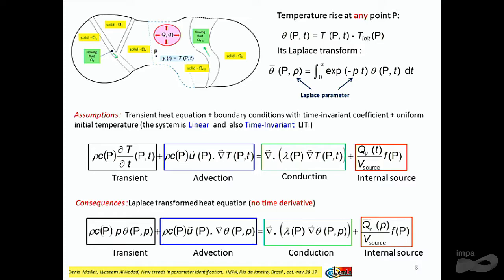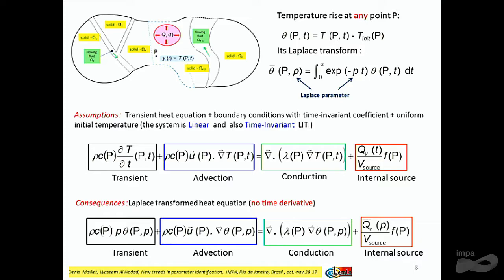So what we say, because it's linear, we know that any temperature theta bar, the Laplace transform, is proportional to Q bar V. And it's true for the temperature, but it's true also for its local gradient. If we integrate on a surface, it's also true for example for the flux, the rate of heat flow exchange with the fluid.